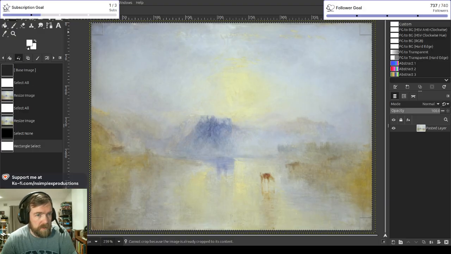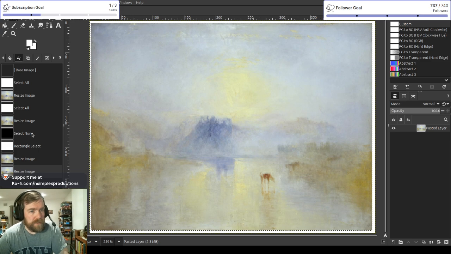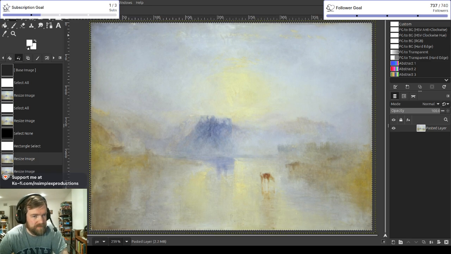No, already did. Fit canvas to selection, apparently already did. Nope, don't fit canvas to layers. That gives me the white yet again.